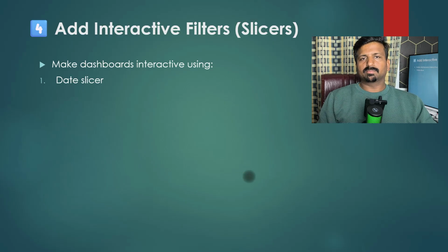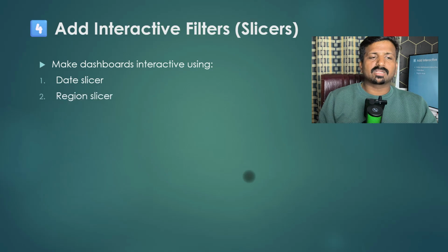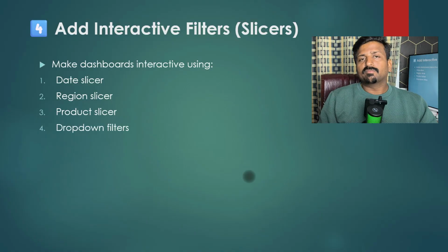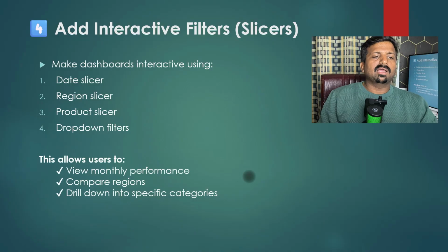So you can put monthly, quarterly, half yearly or yearly filters or slicers. Then region wise slicer or filter you can put, then drop down filters you can also use. And if you're using this kind of slicers, what is the benefit? This allows users to view monthly performance, compare regions, or drill down into specific categories.